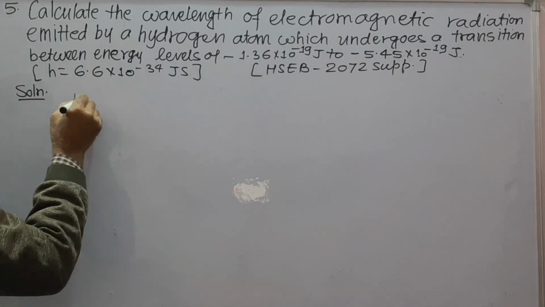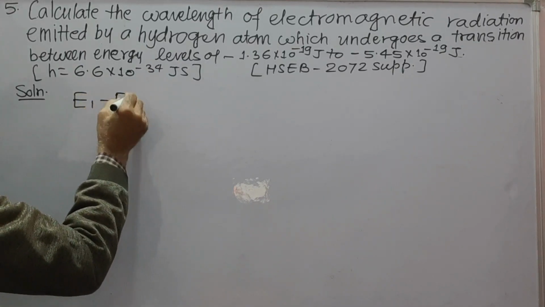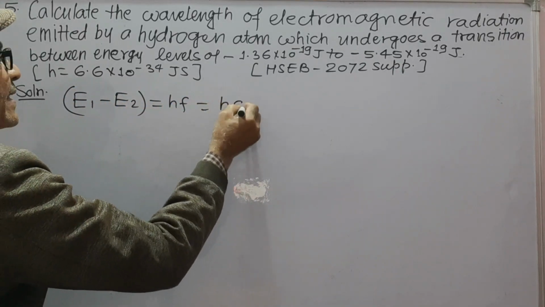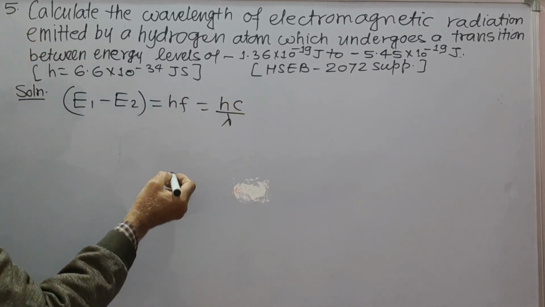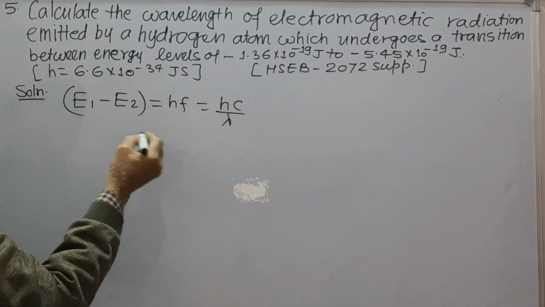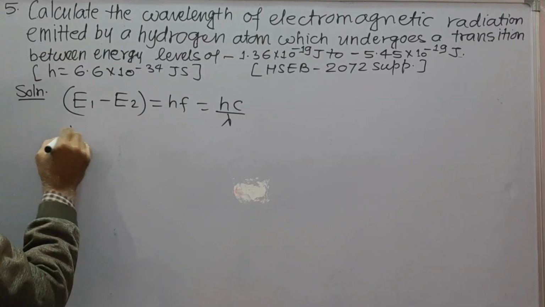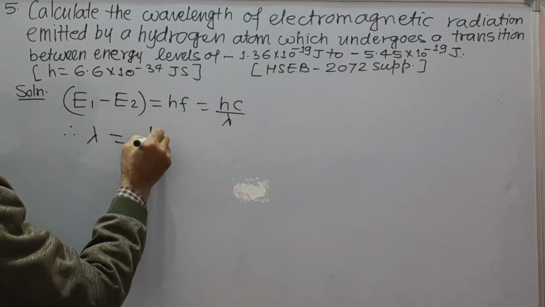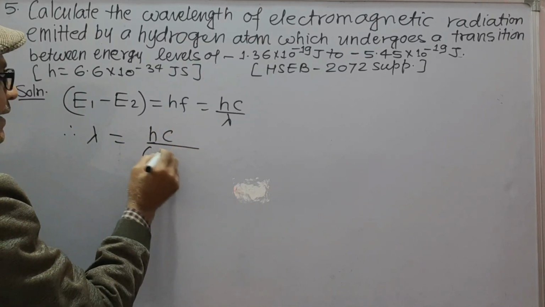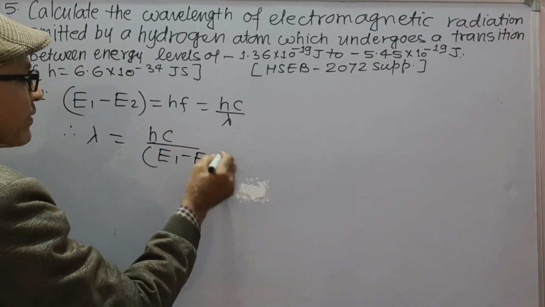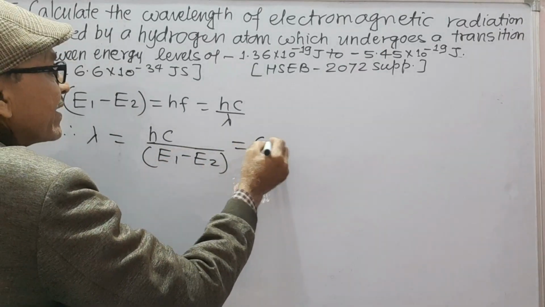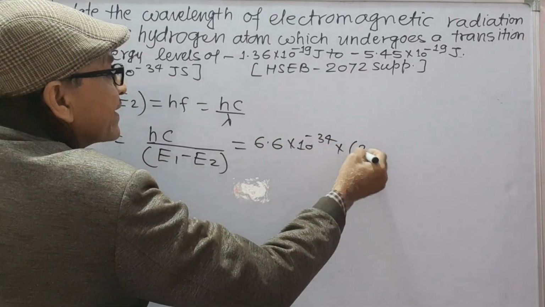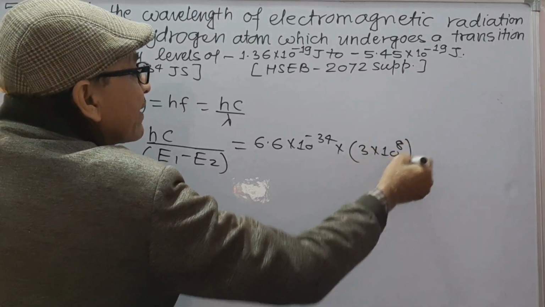So E1 minus E2 will be equal to hf or hc upon lambda. Here the value of h is given, E1 and E2 are given. Therefore lambda will be equal to hc divided by E1 minus E2. h is 6.6 into 10 to minus 34. c is 3 into 10 to power 8.